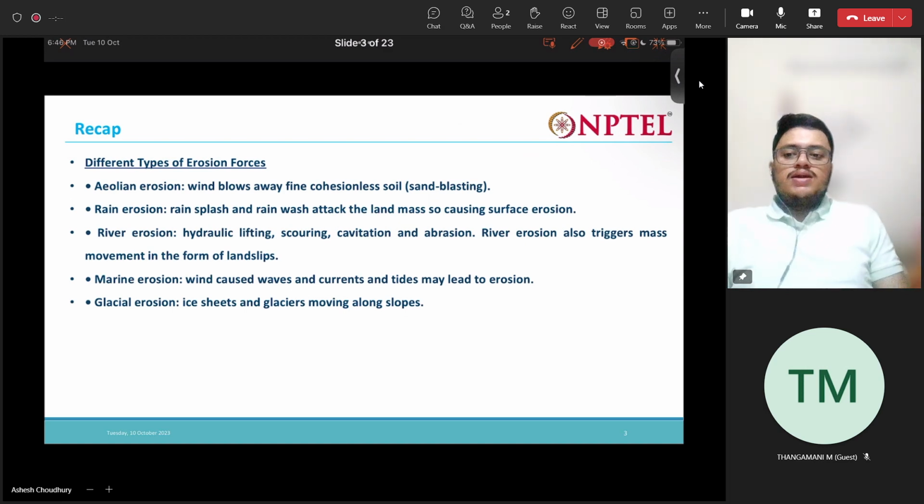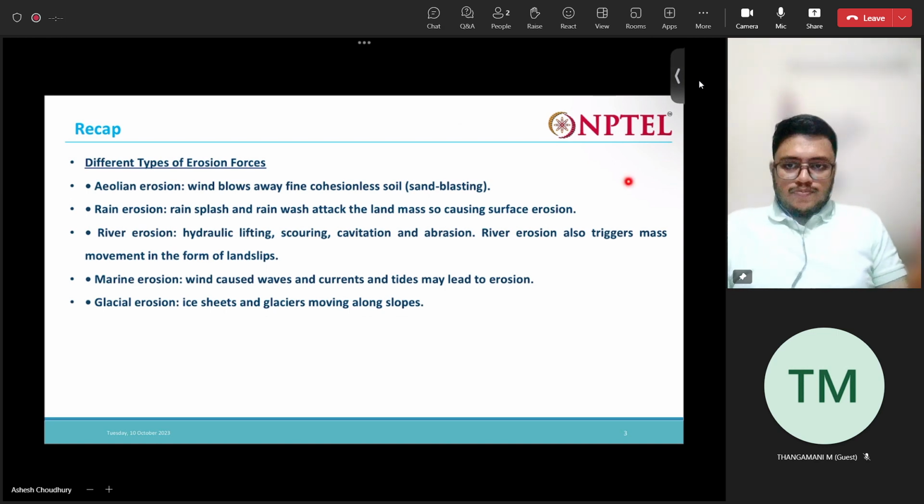Now, what are the different types of erosion forces? So one we have is aeolian erosion. Okay, so what is aeolian erosion? Aeolian erosion means erosion due to wind. When wind blows, fine cohesionless soil gets eroded.